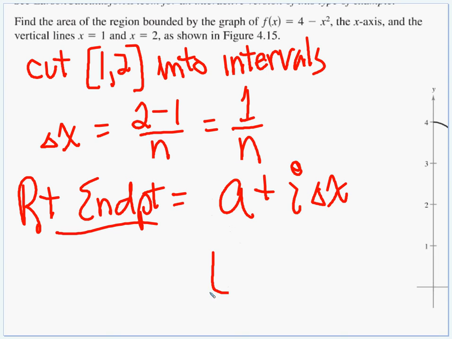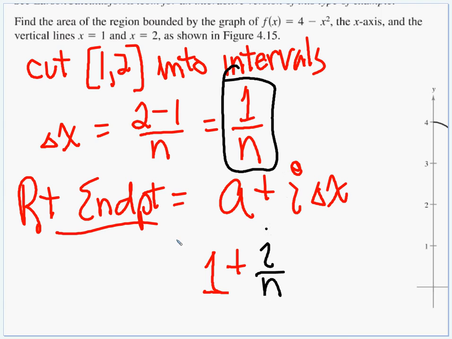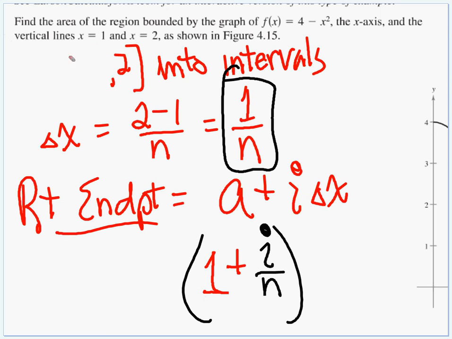In this case, it's going to be 1 plus i times delta x. Here's our delta x, 1 over n, times i is i over n. And I'm going to put it in parentheses because it's kind of like a quantity. So our delta x is 1 over n, and our right endpoint is 1 plus i over n.